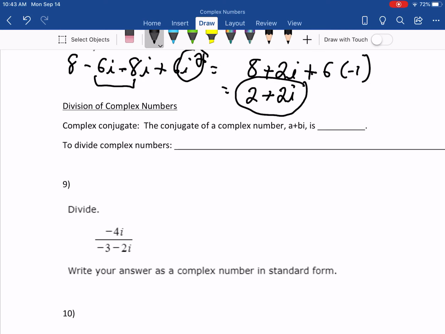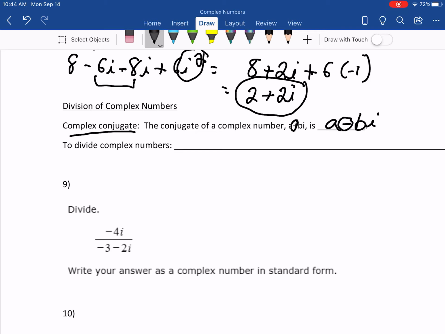Division of complex numbers. In order to divide complex numbers, we use something called the complex conjugate. So remember, our standard form of a complex number is a plus bi. The complex conjugate of a plus bi is a minus bi. So all we're doing for a complex conjugate is changing the sign in the middle.